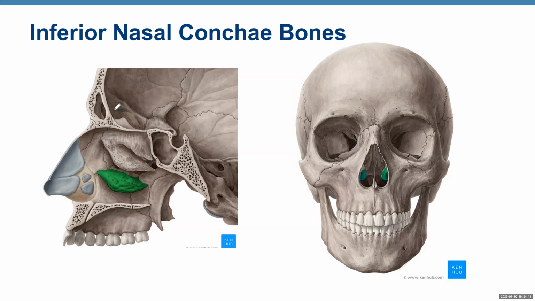That is not a facial bone, it's part of the skull. But this inferior structure on the lateral wall of the nasal cavity, and you can also see it from anterior view, so it's here and here. Those are 2 small bones called inferior nasal conchae.